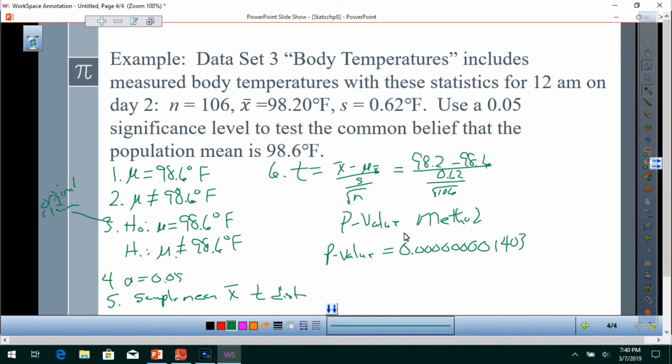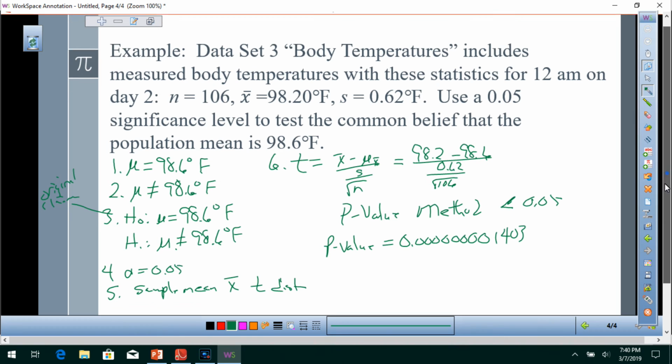All right. I think the p-value is definitely less than 0.05. Okay. It's definitely less than 0.05.